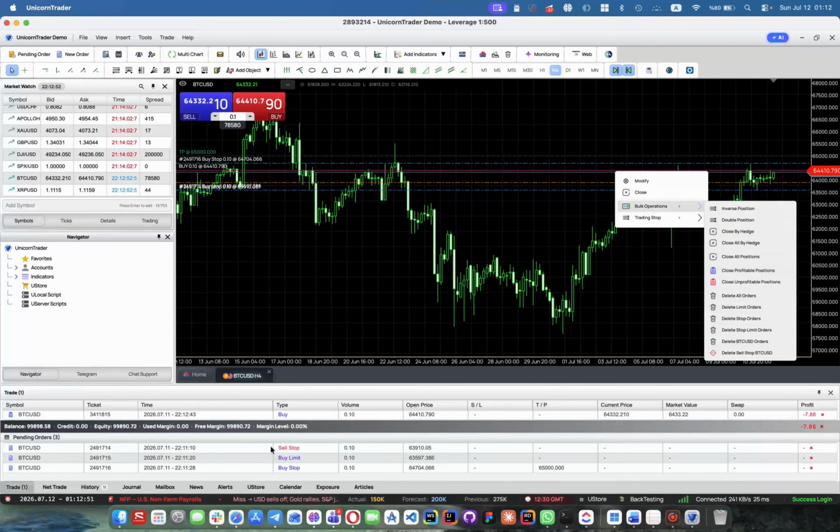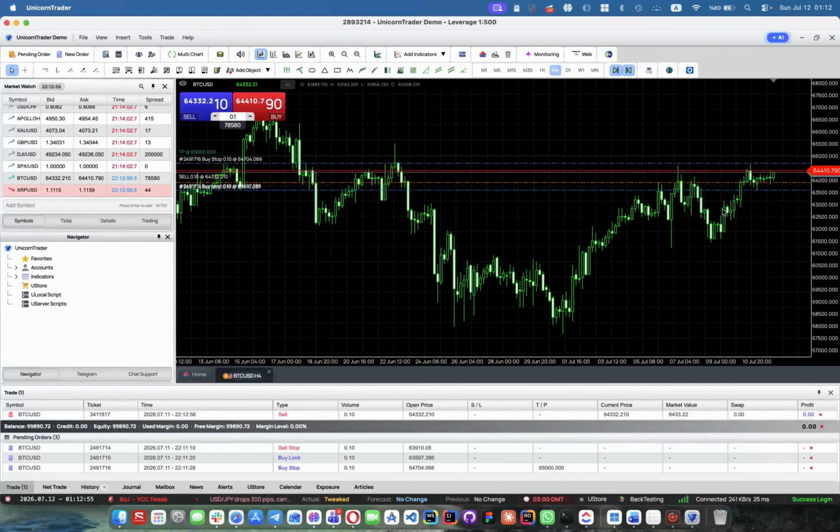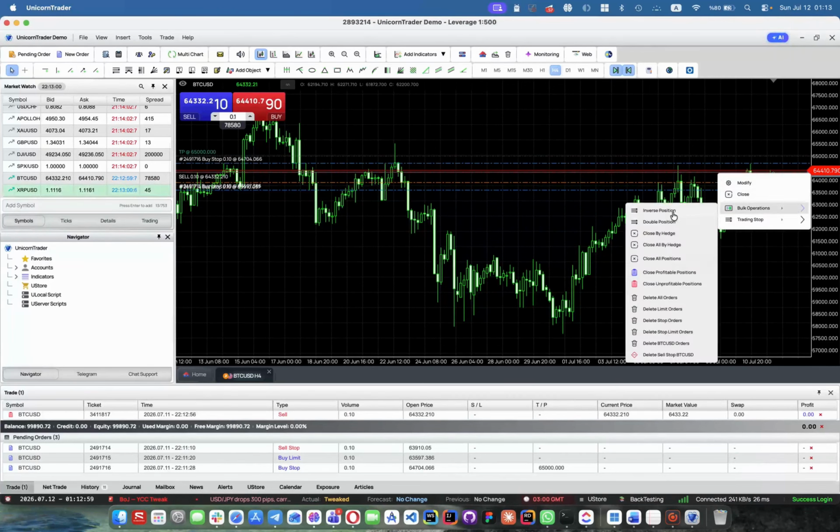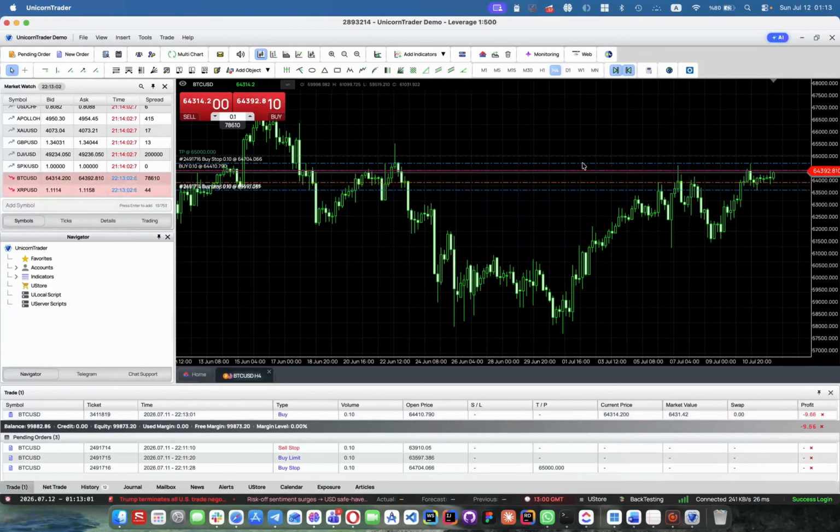Meaning, if our order is a buy, you can modify the order to a sell without closing it. And in a similar fashion, change it if you find that it is a sell order to buy, and then the take profit or stop loss. And similarly, if we hover our mouse over the take profit or stop loss, it meticulously records and displays the comprehensive details of that profit of ours.